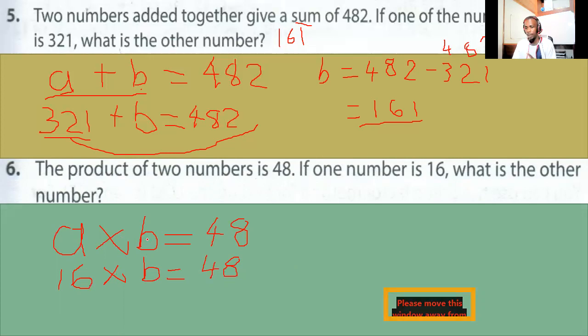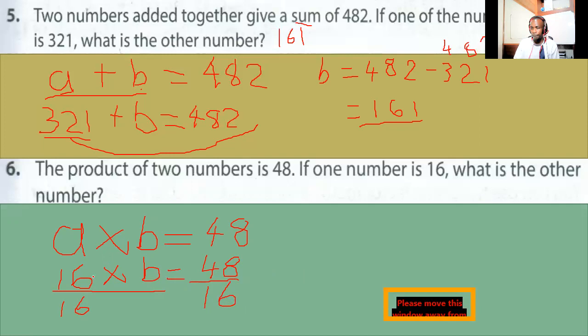For us to know B, we divide both sides by the known number. We divide by A. If A is 16, we divide by 16 here, and also we divide here by 16. Do you see that?